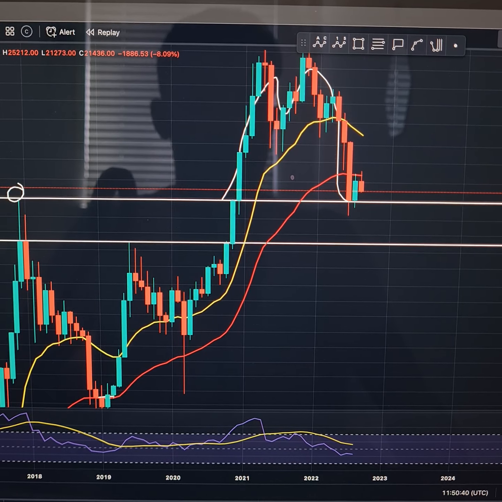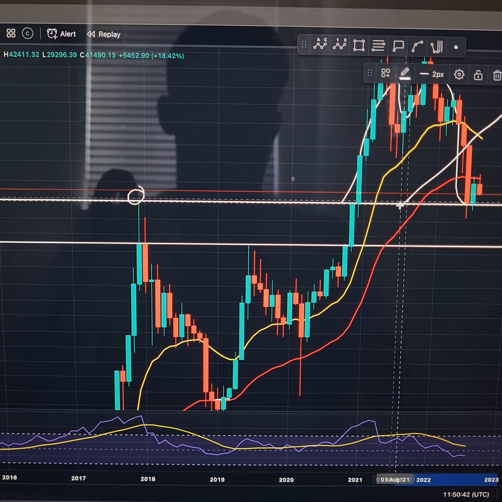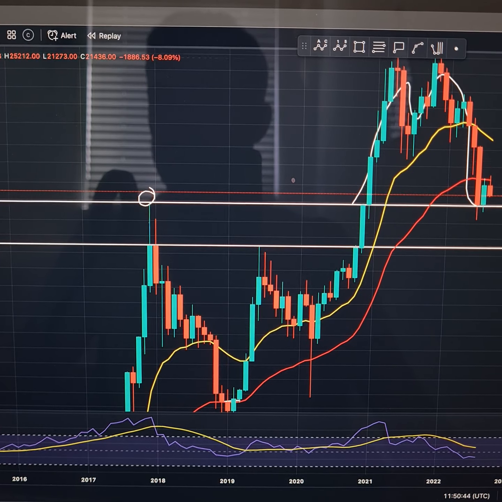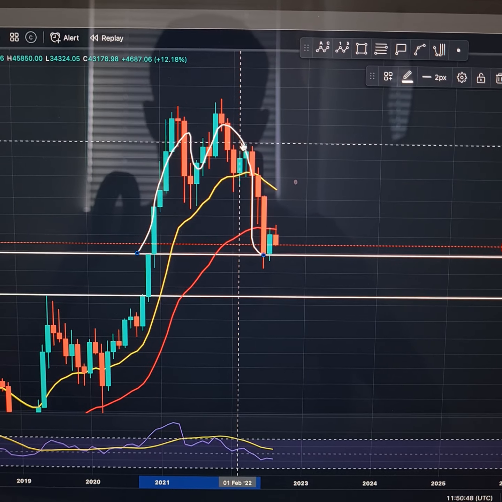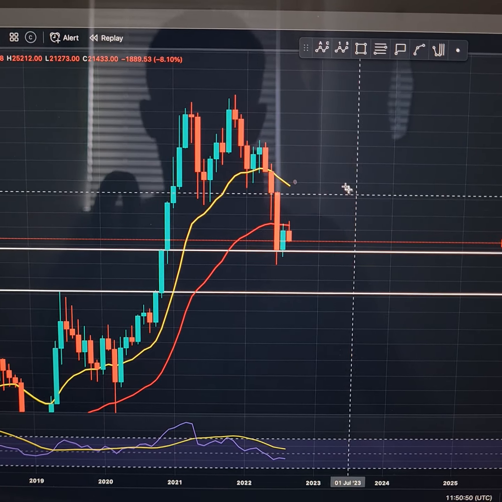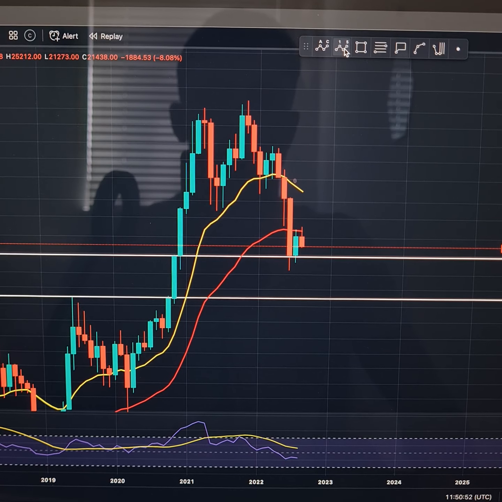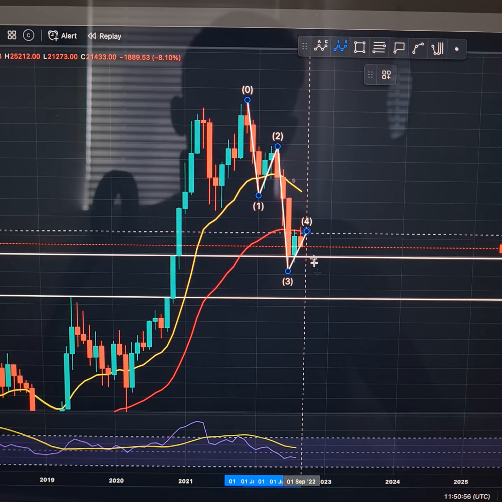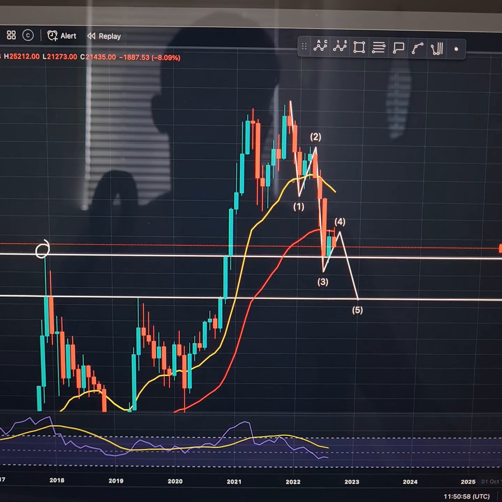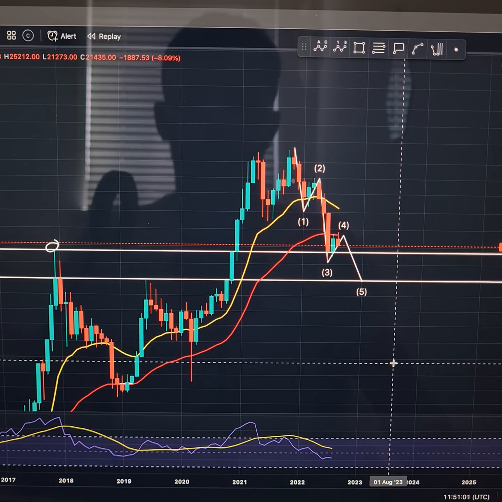So with that said, looking at a potential play here and going off what I can see on the charts, this would indicate to me a wave 1, 2, 3, 4, and then a wave 5 down to that level of support for Bitcoin.